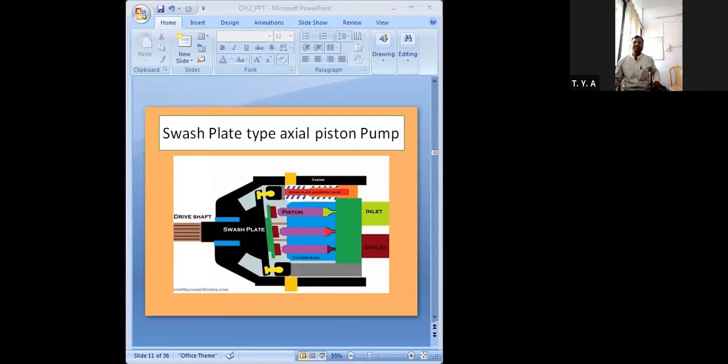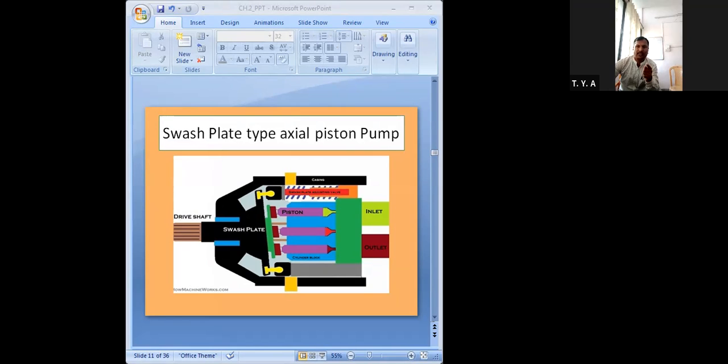Here that rotary drive motion is going to be converted into reciprocating axial piston motion by the swash plate. You can see the swash plate is mounted on the drive shaft.